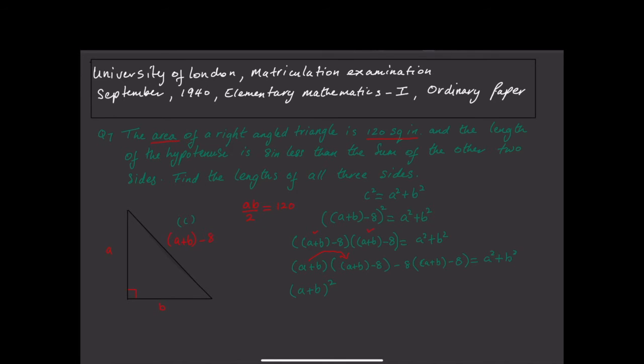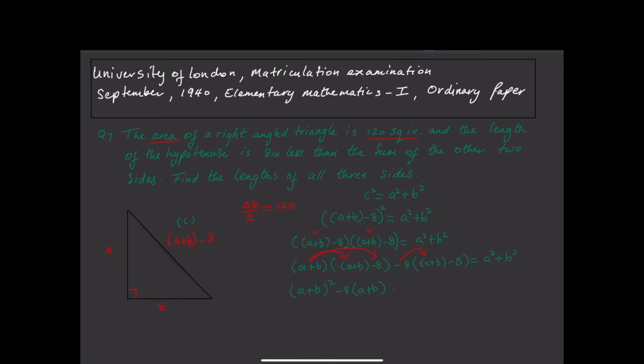I'm now going to multiply A plus B times minus 8. So I'll get minus 8 times A plus B. I'll then multiply minus 8 by A plus B in the brackets.